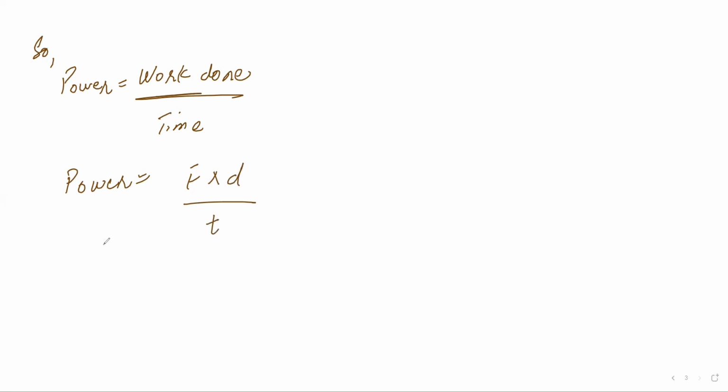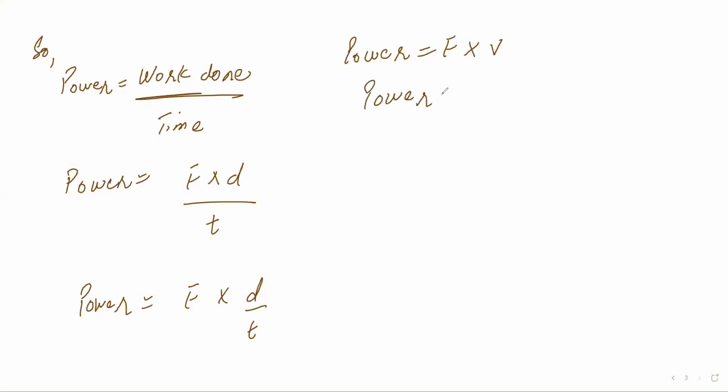The expression for the power can also be written as F times d upon t. So in that case, the power would be F times velocity, because distance over time is velocity.